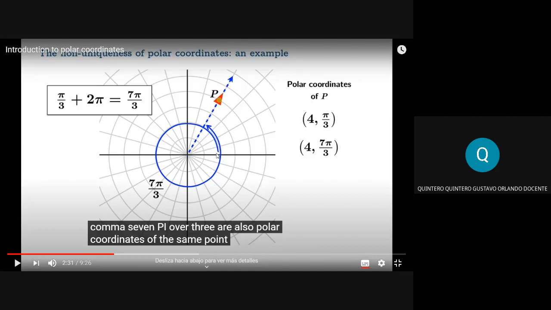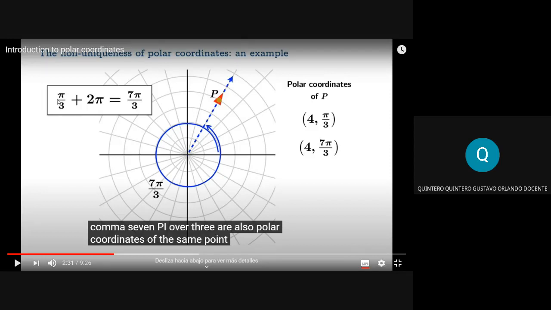So that is 60 degrees plus 360 because of the full circle. That is why the guy is saying π/3, the first 60, plus 2π, 360 degrees.